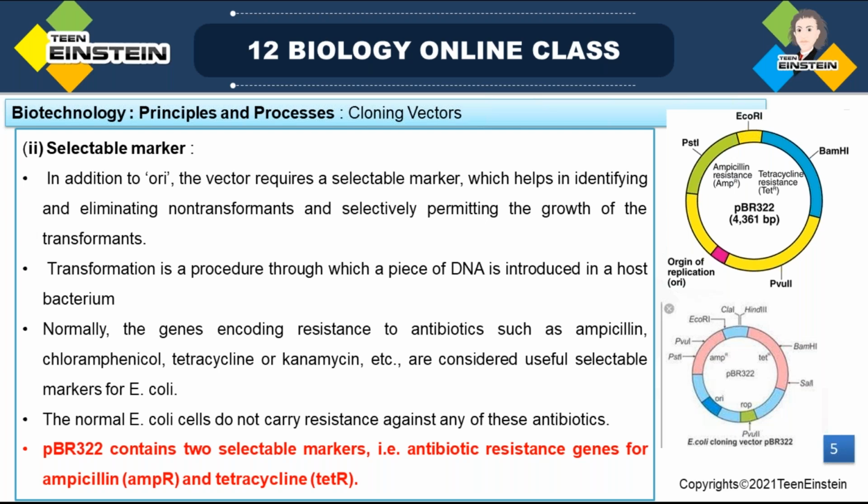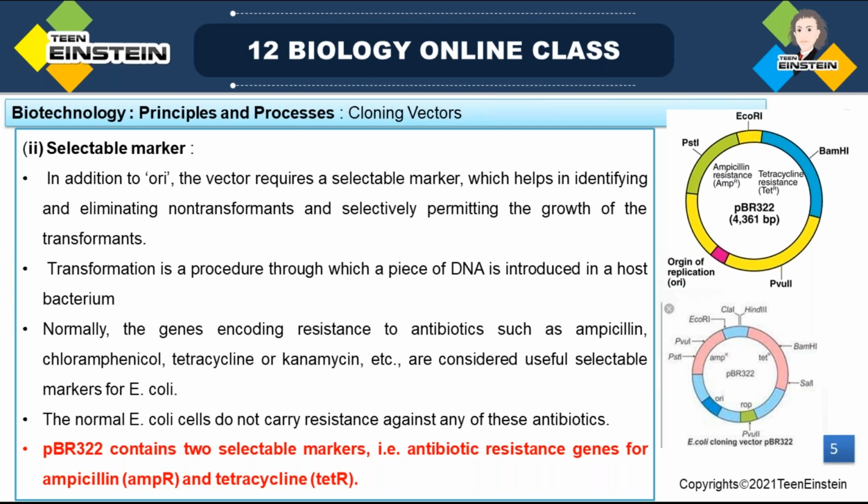Usually, antibiotic resistance genes are used as selectable markers, in normal cases for E. coli.